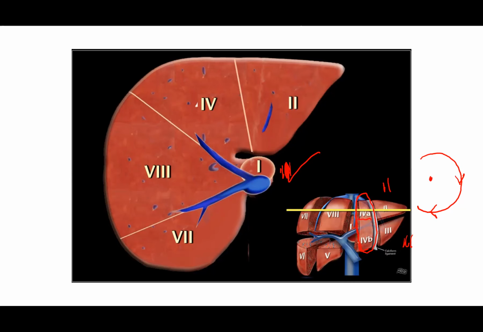Okay? Then you see 1, 2, 3, 4A and B, 5, 6, 7, 8. So it goes in a clockwise manner, don't forget, with the caudate lobe being segment 1.